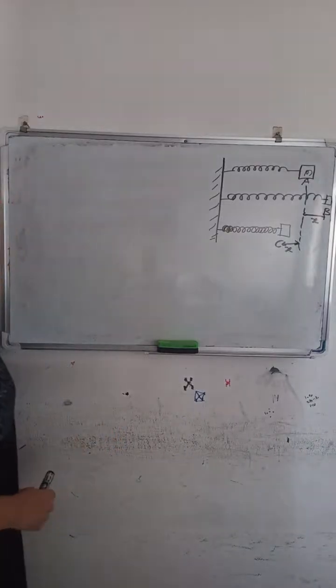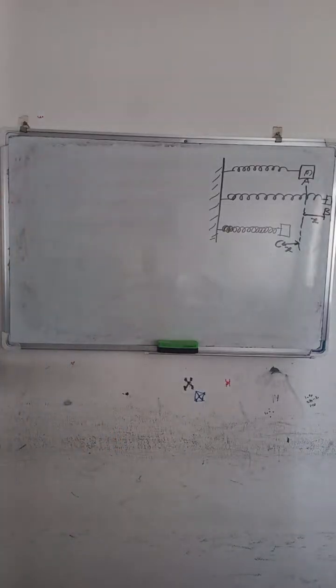In the last session we discussed that whenever we apply force, either elongating or compressing the spring, in both cases there is a restoring force, always acting in the opposite direction of the applied force.